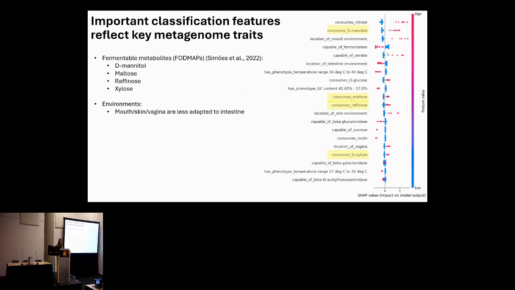And so this suggests that the microbes that are able to consume or metabolize these small fermentable metabolites are better adapted to thrive in this gaseous environment that IBD may create. And while it doesn't yet get a causal direction of this interaction, it starts to allow us to understand which organismal traits are important in this context.